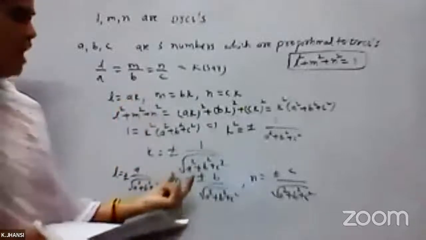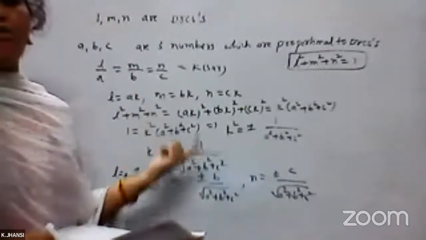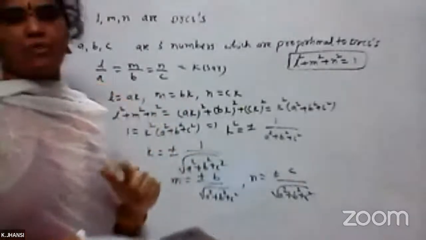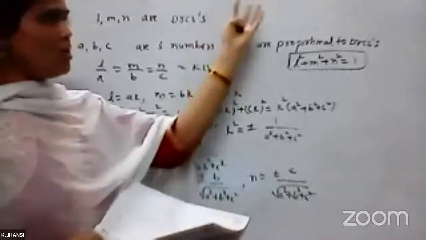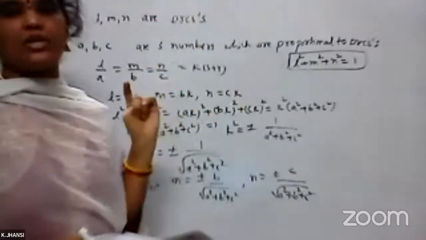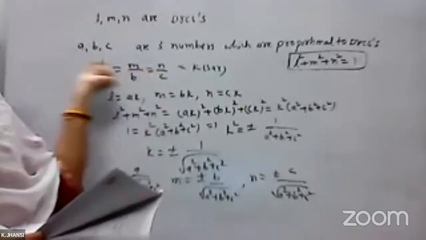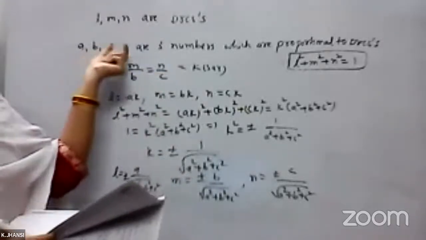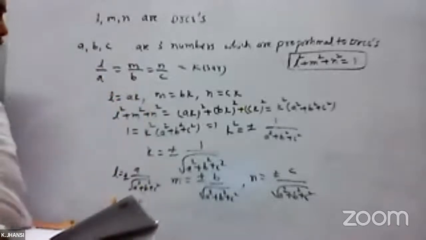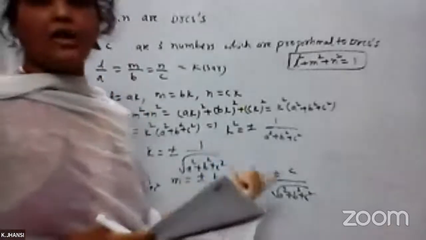This procedure you use in block 1 and even block 2 problems, where you have the concept of direction ratios and direction cosines. One 5 marks problem will be given, where the numbers a, b, c are given in the question and you have to find the l, m, n values.